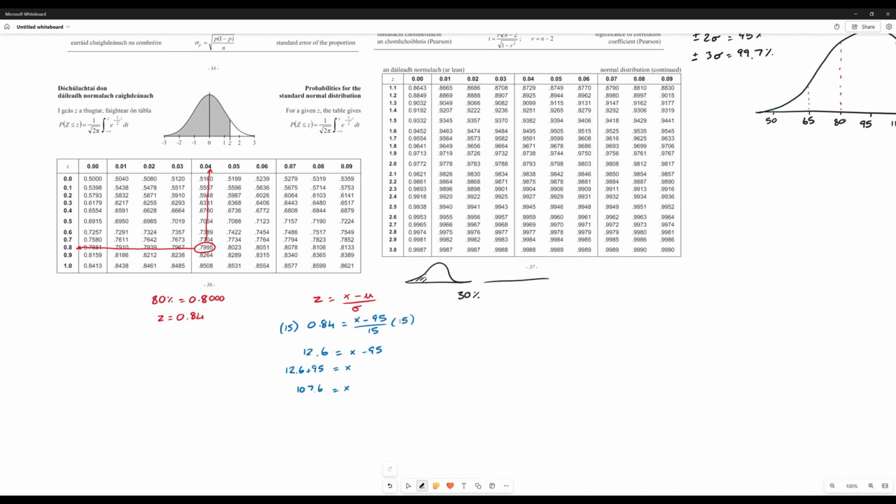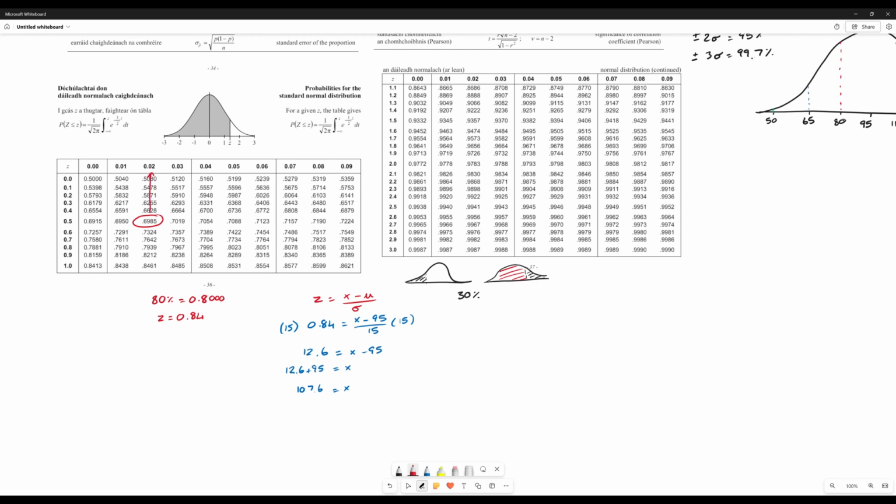So what we do instead is we say, what would be the top 30%? Again, that's not accommodated either, so the top 30% is like the bottom 70%. So we'd say, what would be the z-score for the bottom 70%? Again, we have to look through the grid to find what number is close to 0.7000, and I would say this one.